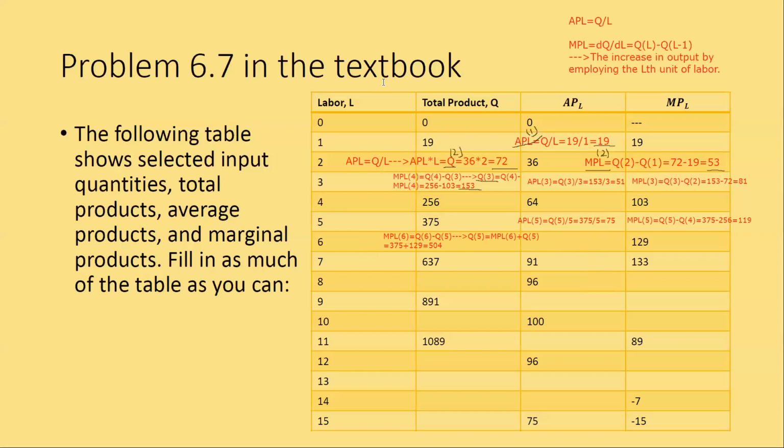And with this, we can calculate the APL6. This is going to be Q6 divided by 6, and it's 504 divided by 6, and this is going to be 84. All right.